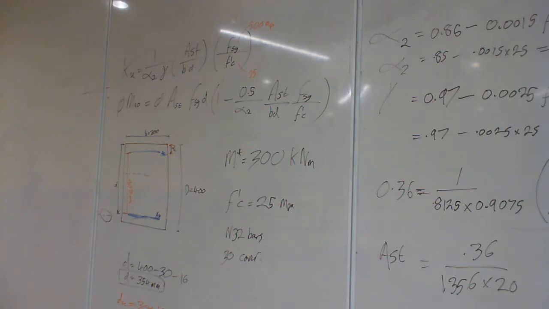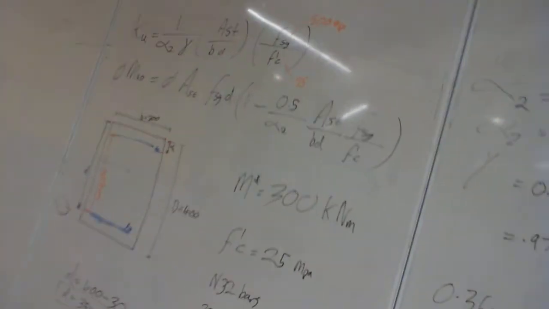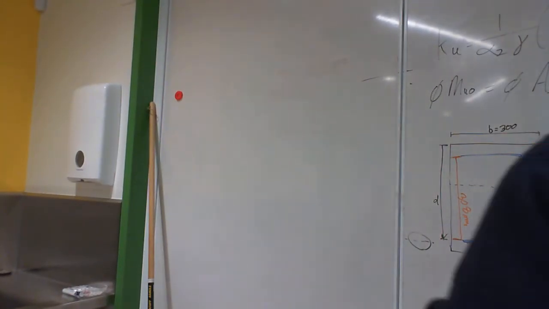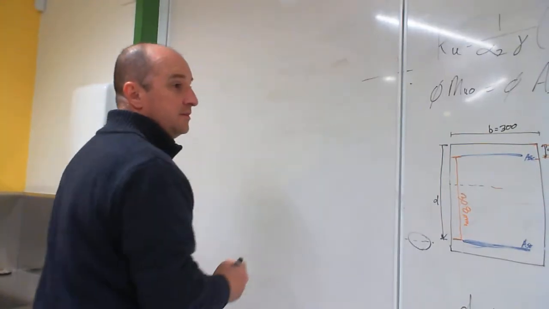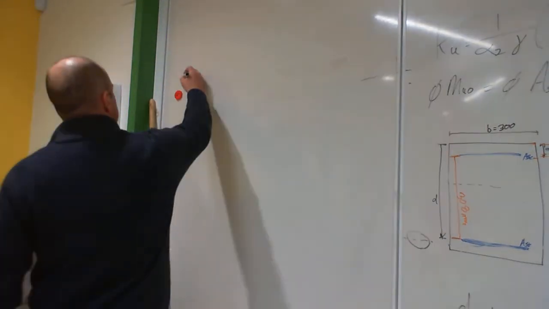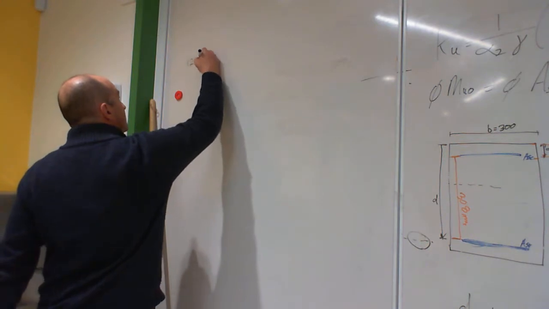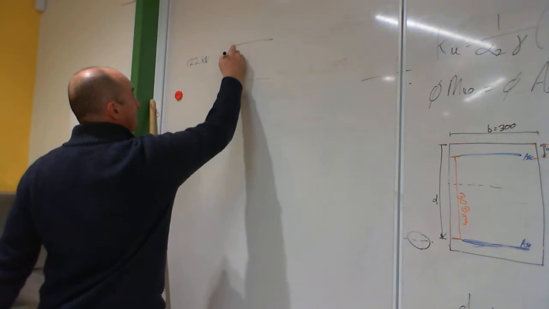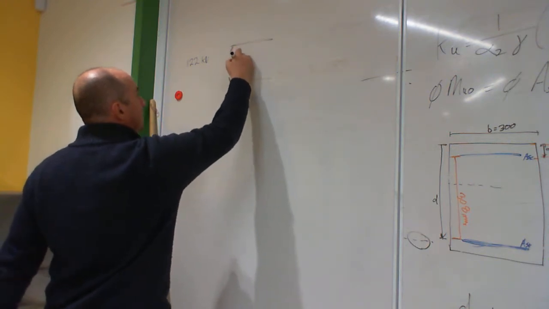So, I'm running out of board. Let's go over here. To summarize, we have to get to 122 kilonewton meters using a bit of steel there, a bit of steel there, and a lever arm of 308.